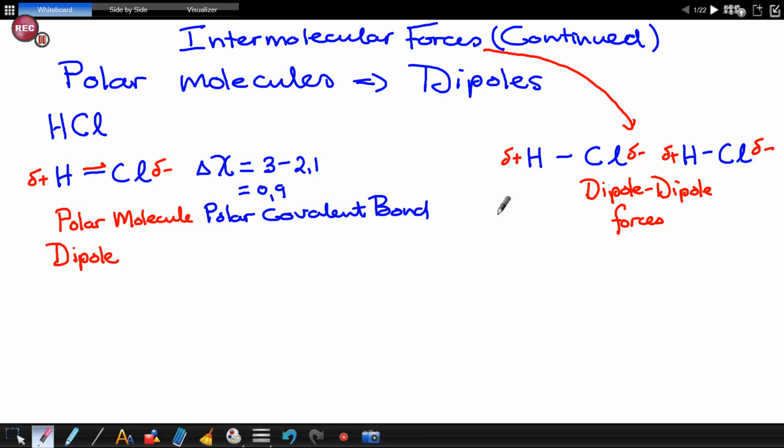Another one. Let's look at the sulfur dioxide that we discussed and that you did in 2.6. Can I go to the next slide?